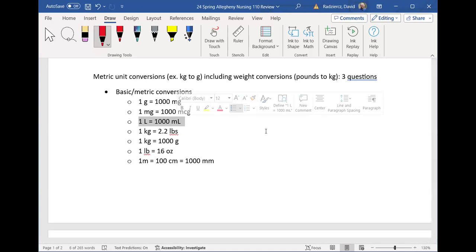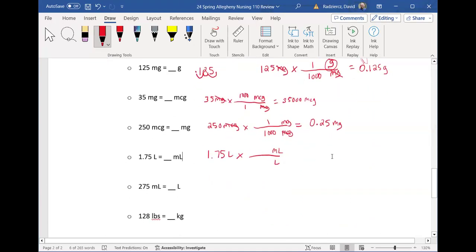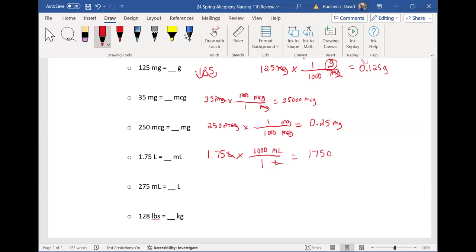So when in doubt, when you're doing metric to metric conversions, think thousand. Don't always think milliliters, obviously. So, as said before, 1 liter, 1,000 milliliters. We know we're getting rid of liters, and we get 1,750 milliliters. Now, sometimes I'll add the comma, sometimes not.